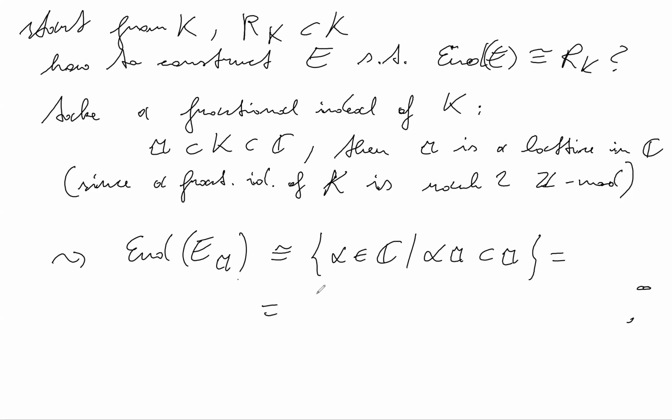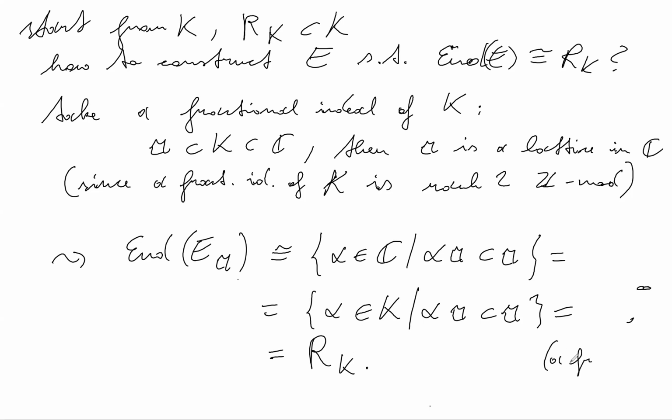But now this set is simply all the alpha in K such that alpha A is contained in A, because A is a fractional ideal. Nice. So now we know how to construct elliptic curves that have a certain R_K as endomorphism ring.